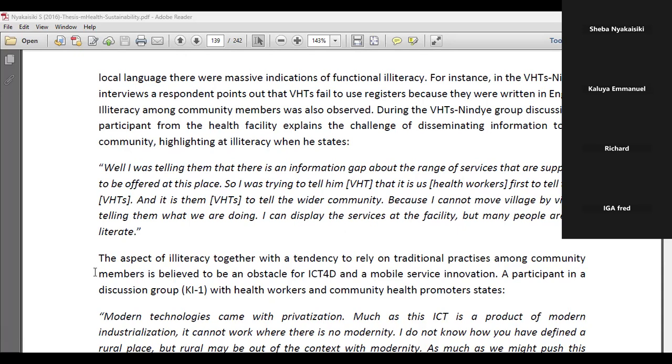Now, this is one of the most important things about doing this: it gives authenticity to your work. You are not just creating things. This was something actually said by someone. And you're giving the full picture, not according to Sheba, but according to the participant.